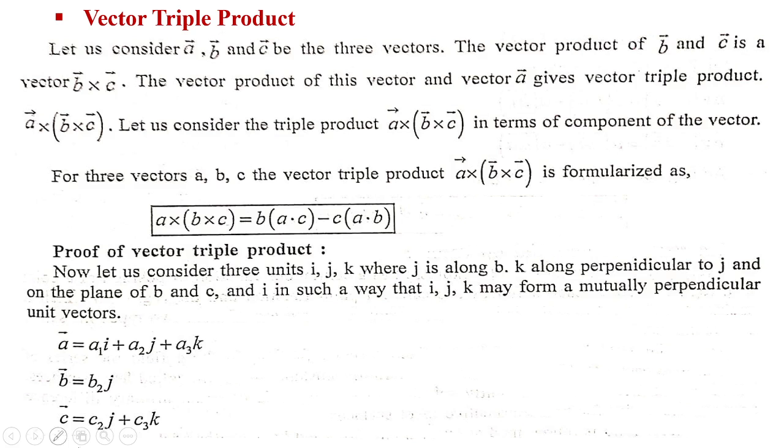So next, c in b bar equal to b2j, there is only b2, that is the jth component. So that is written like this: 0 b2 0. And so next, b bar cross c bar.